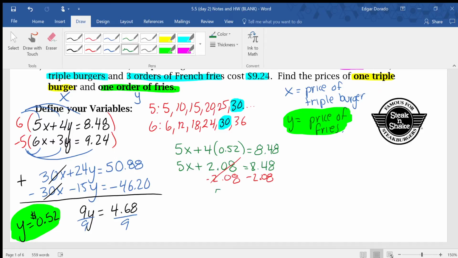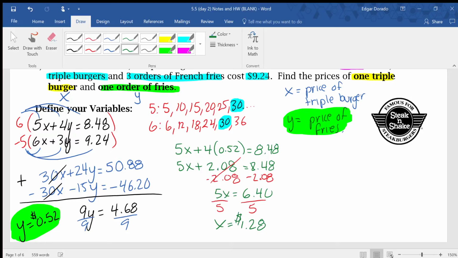Okay, so I get what? I get 5x equals $6.40 so far. Now I just have to divide by 5. So this would be 6.40 divided by 5 for a total of 1.28.